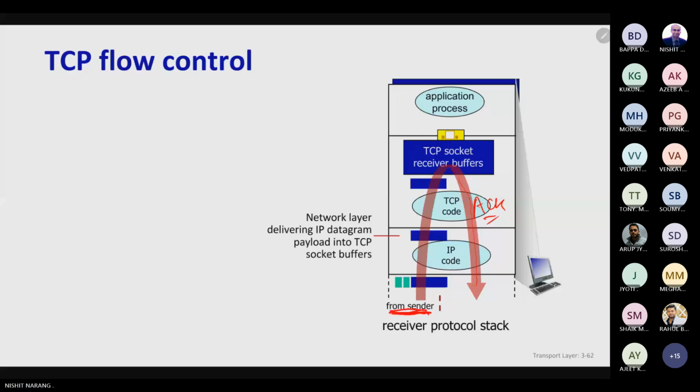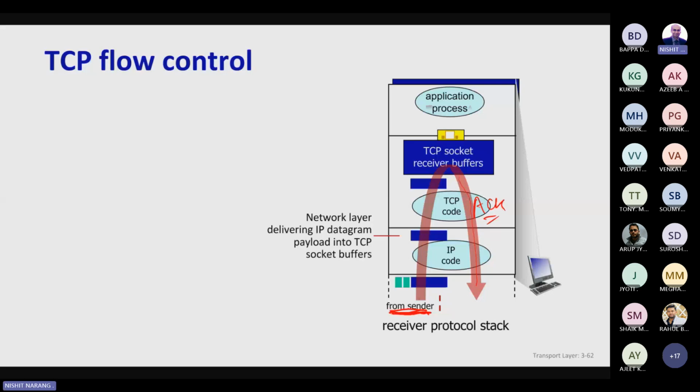Now, at some point in time, the application is supposed to read from this receive buffer and process this data. So we say that the application is reading from the TCP socket. In reality, when it's reading from the TCP socket, it is removing this data from the receiver buffers, freeing them up, so that the next set of data which comes from the sender side, the TCP code can place in these free receive buffers.